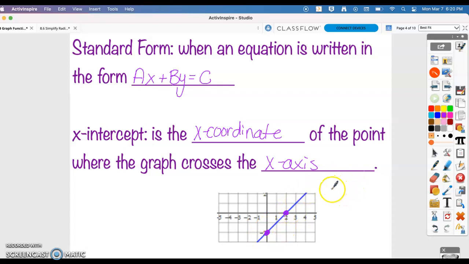Whenever we're doing this, an x-intercept would have a point with an x value, and it would have a 0 in the y, because if you look here, x is 2, but our y is 0. A y-intercept would have a 0 in the x, and it would have a value in the y.